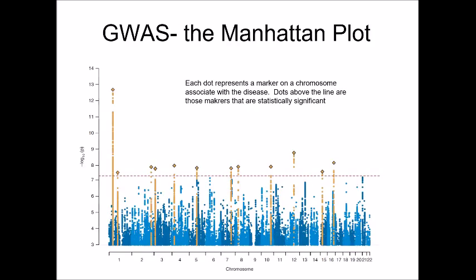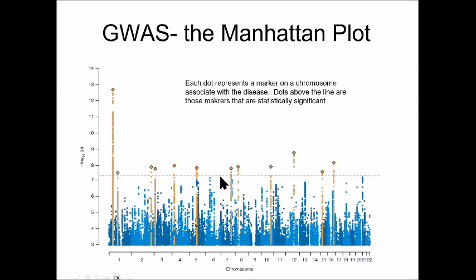So when you do a GWAS, a genome-wide association study, you generally present the results as a Manhattan plot, so named because these things look like skyscrapers. On the x-axis we have all the different chromosomes. Each little dot represents one of these SNPs that are associated with the disease, or could be associated with the disease.